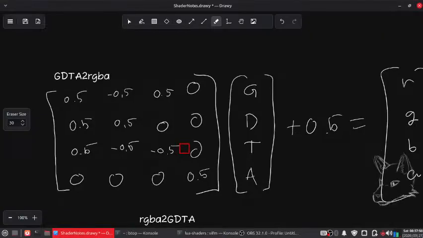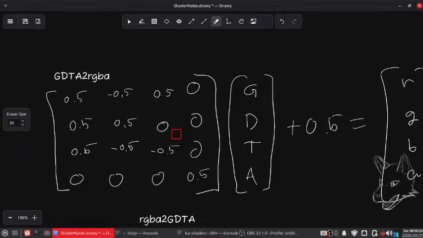Temperature is halfway between minus a half and a half on green.